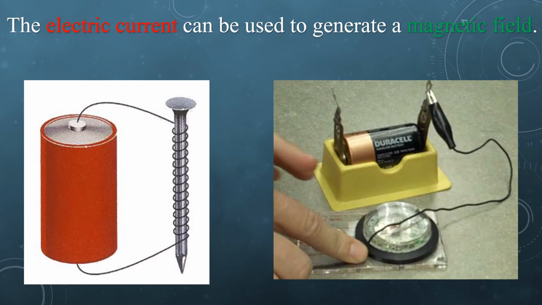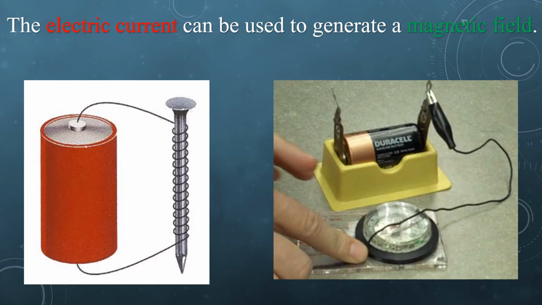What causes the needle to move? Actually, the presence of a magnetic field causes the movement of the magnet, as you studied in the previous lesson. So, there must be a magnetic field produced by the electricity moving in the electric wire.